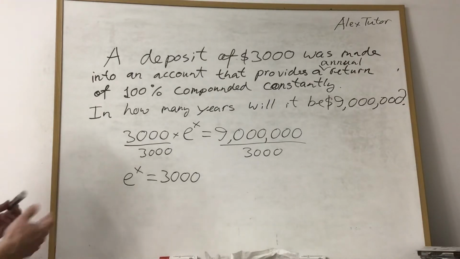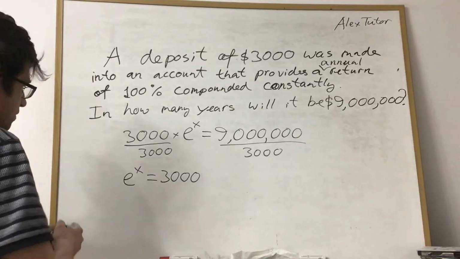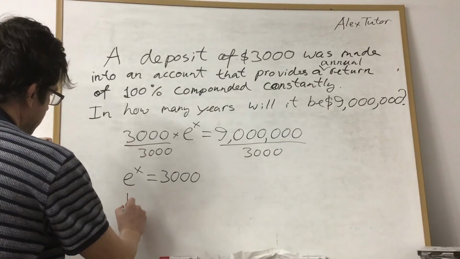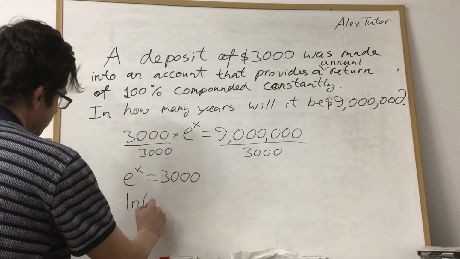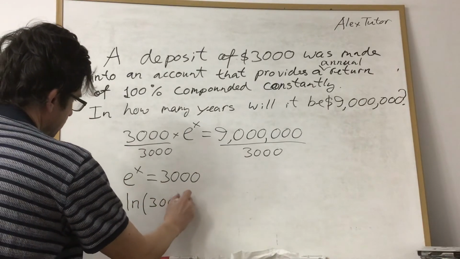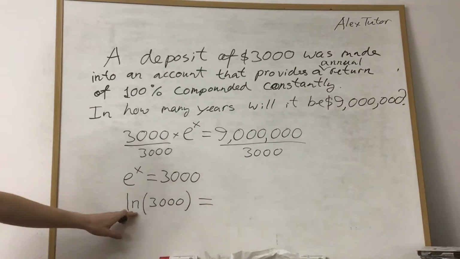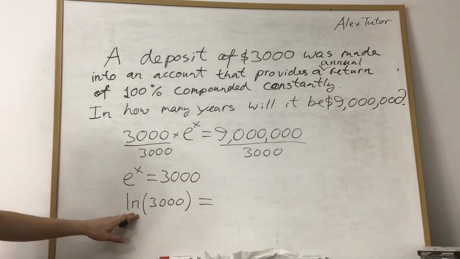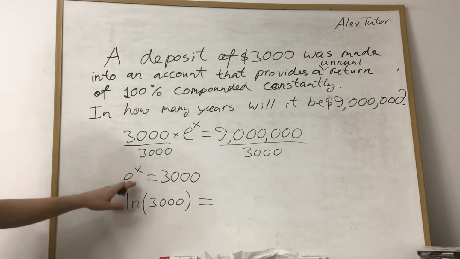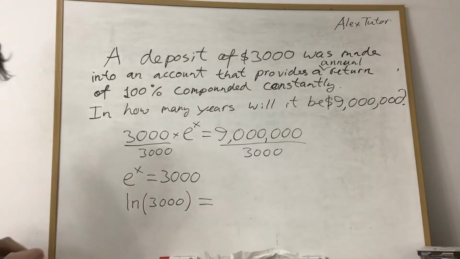All right, so how do I solve this equation? Very easy. ln 3000, because ln, which is the natural logarithm, is the opposite of e.